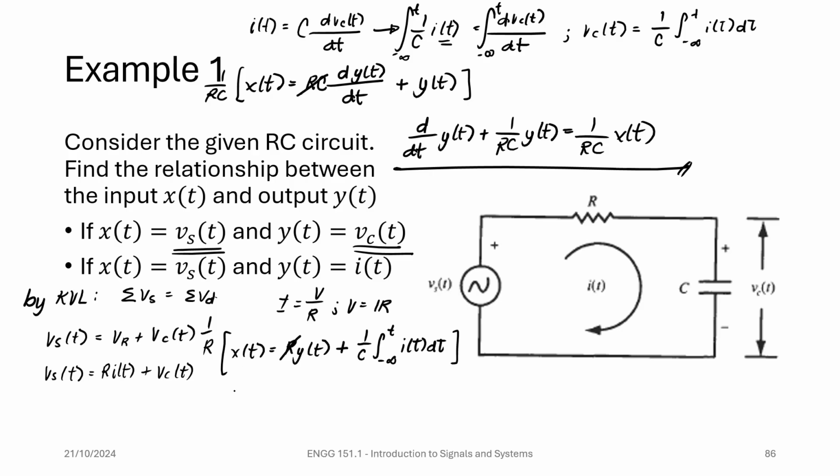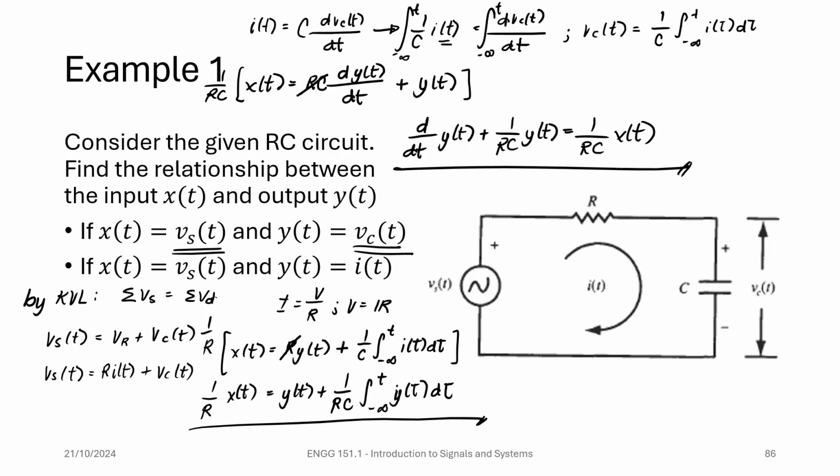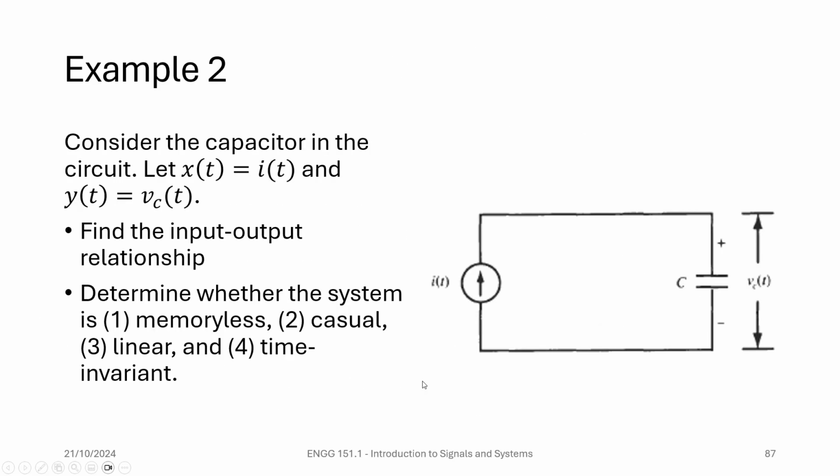So we have 1 over R x of t equal to y of t plus 1 over RC of the integral from negative infinity to t of y of tau d tau. This is the answer. That is the relationship of the output and the input for this particular circuit.